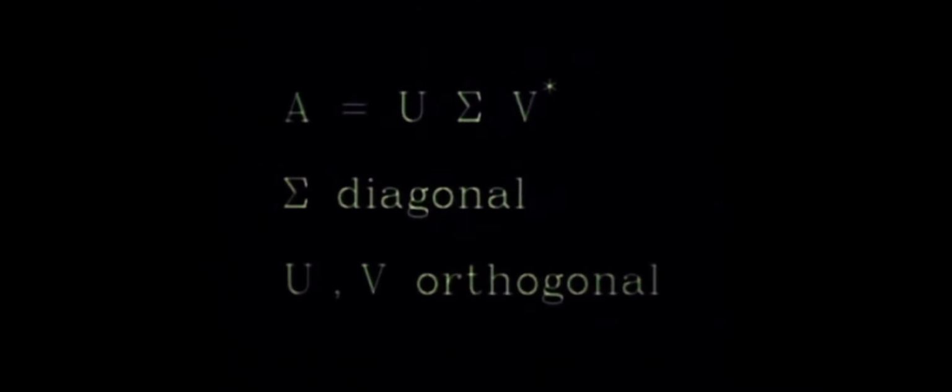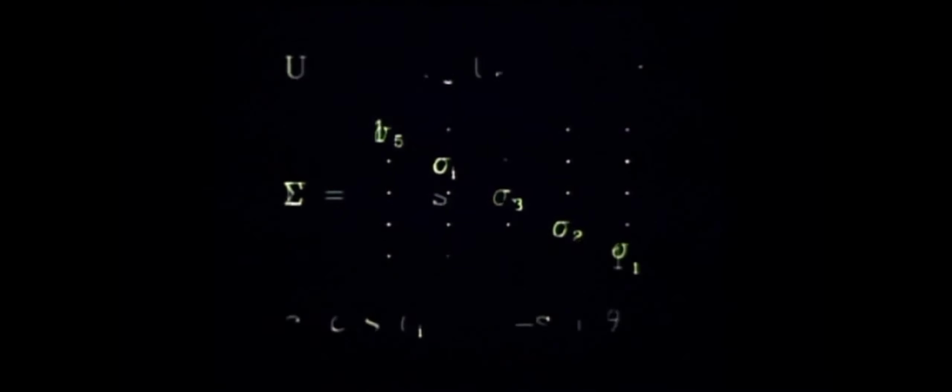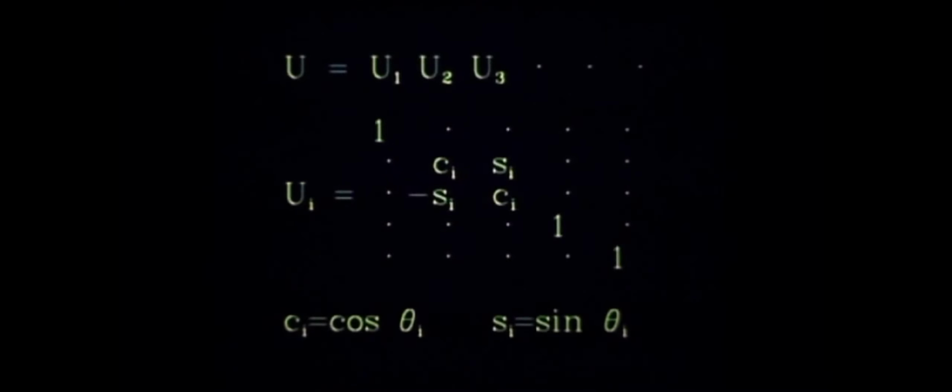The original matrix is represented as the product of three matrices. In the second of these matrices, the only non-zero elements lie on the diagonal. These elements, the singular values of the matrix, determine the frequencies of oscillation of the original system. The other two matrices must preserve the properties of the original matrix, so they are orthogonal matrices.